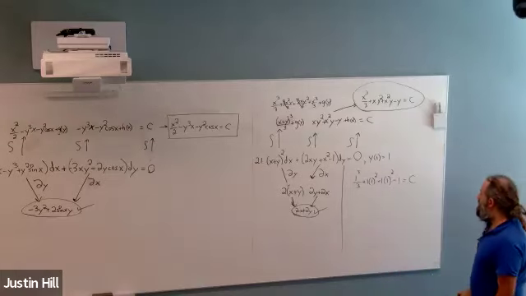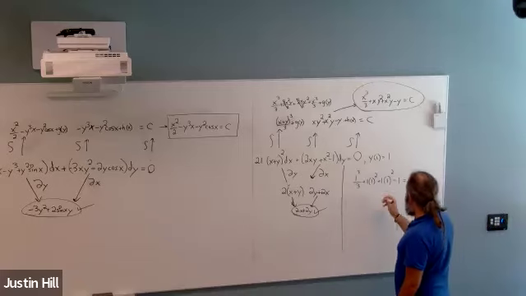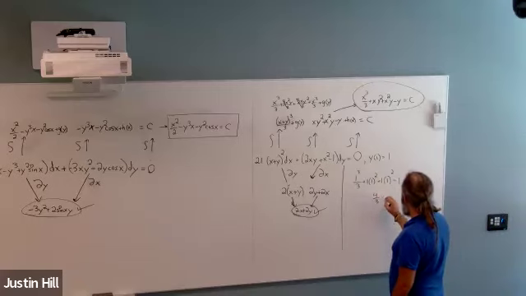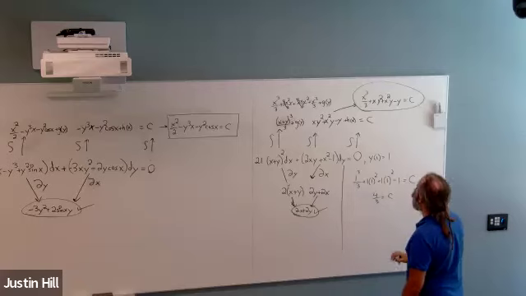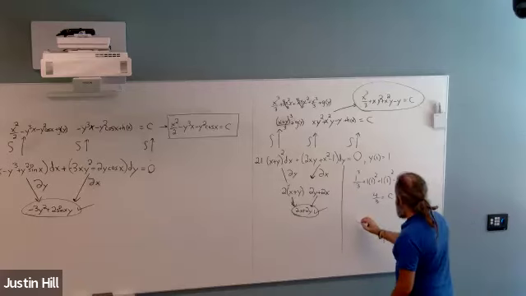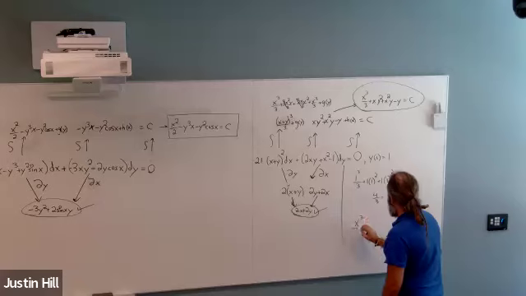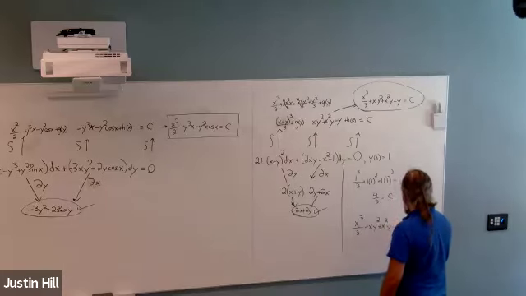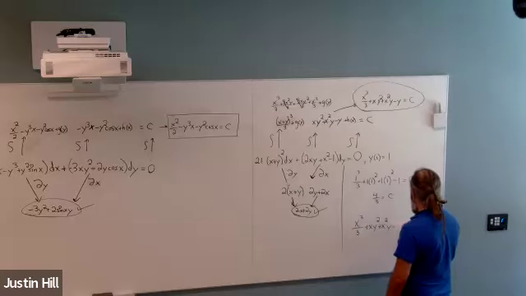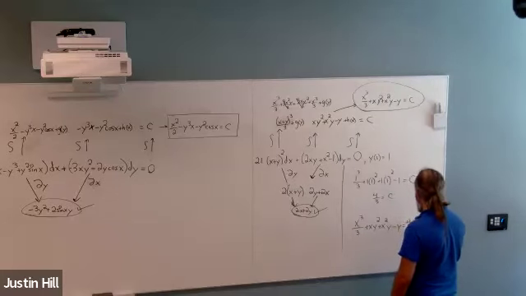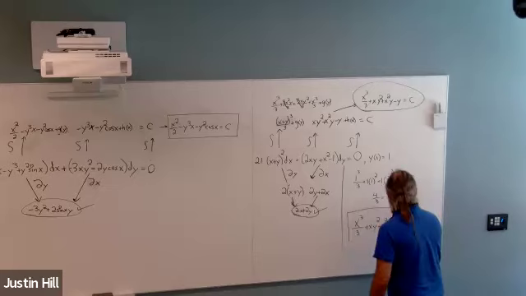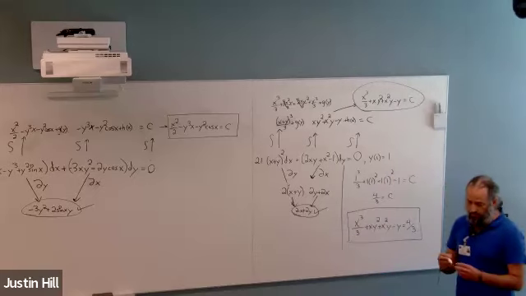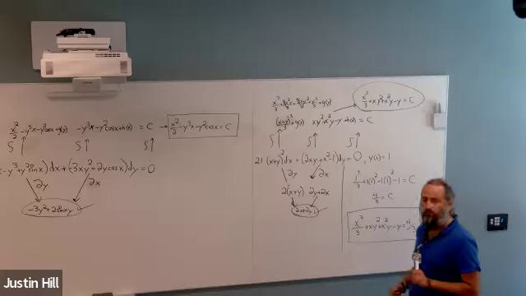And we just have to work that all the way through. What you end up getting here is 4/3 equals c. So my final exact solution is x cubed over 3 plus xy squared plus x squared y minus y equals 4/3. And this is indeed your exact solution to that differential equation.